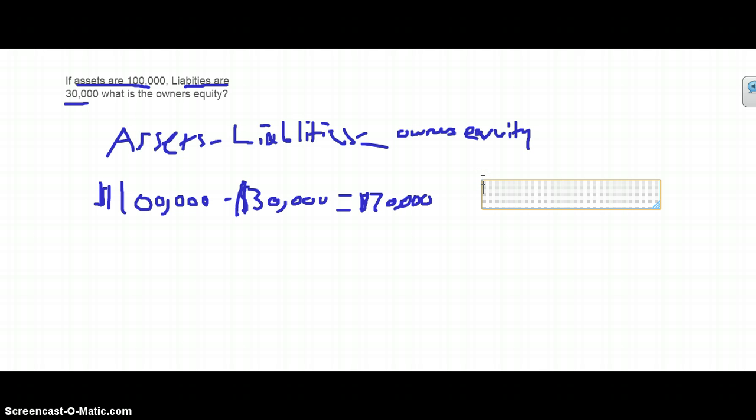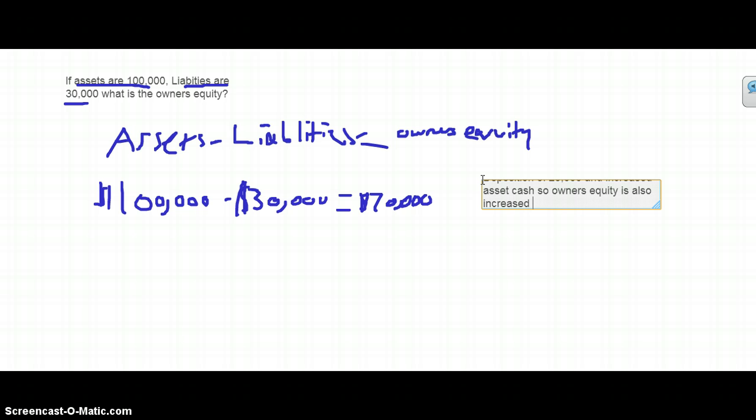So if we have a deposit of $25,000 and increased assets, owner's equity is also increased because of both sides.